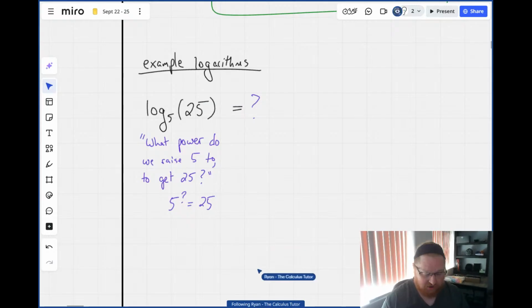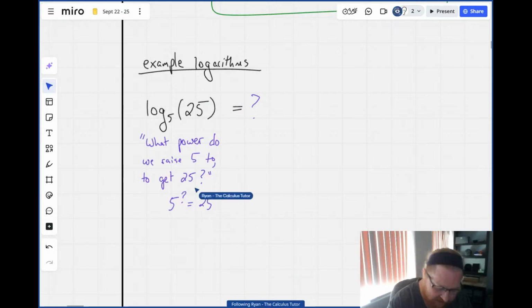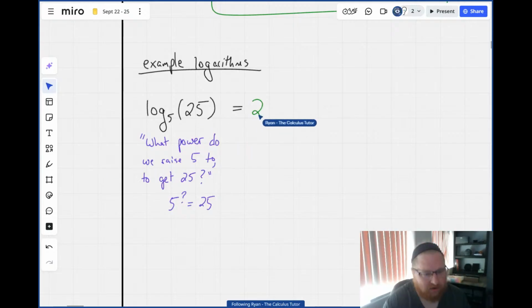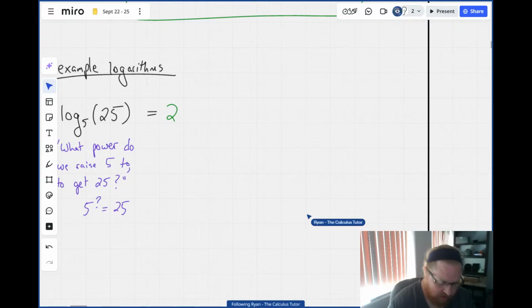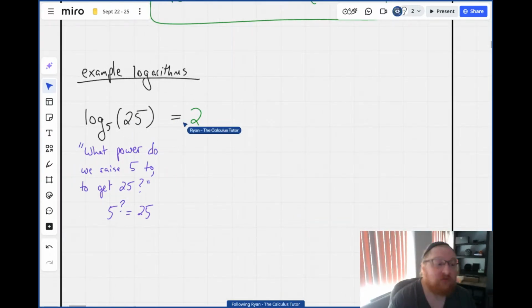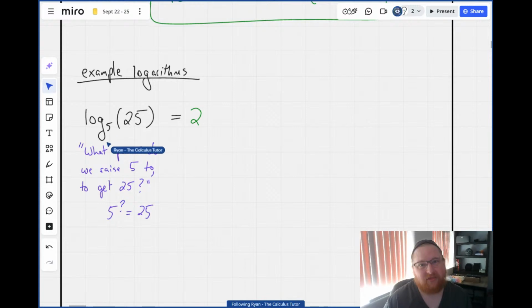So to go back to this question, 5 to what power equals 25? Well, that would have to be 5 to the second power. All right. So log base 5 of 25 equals 2. So when these are straightforward, you can do them in your head, just like any other math operation, right?